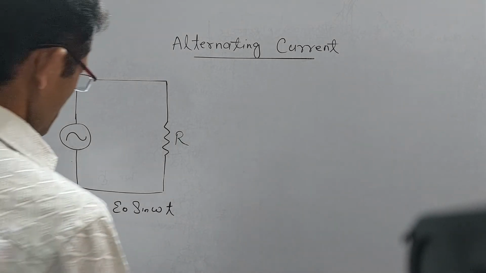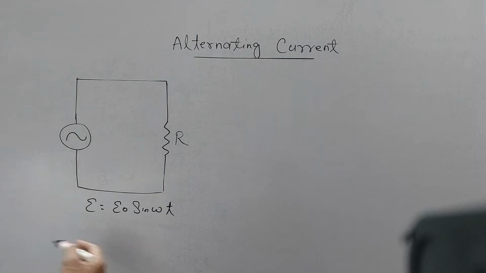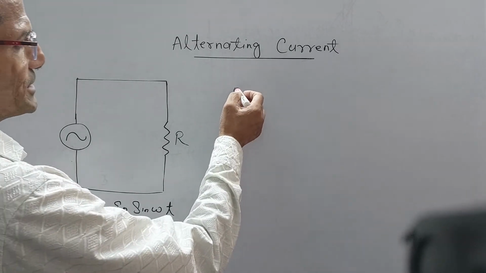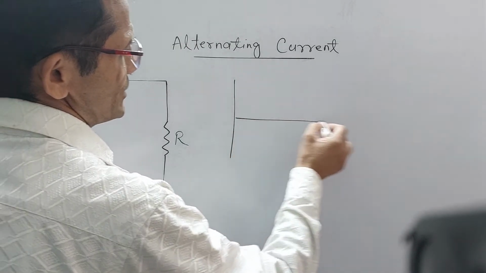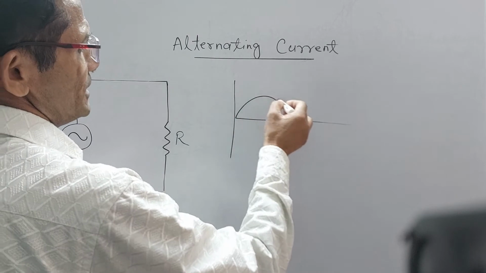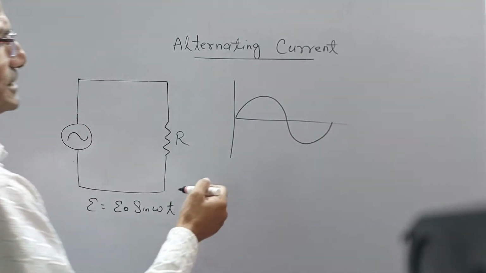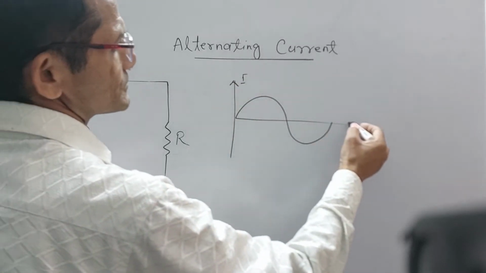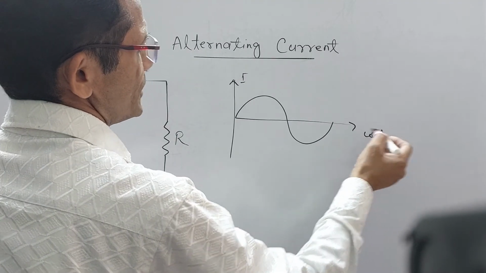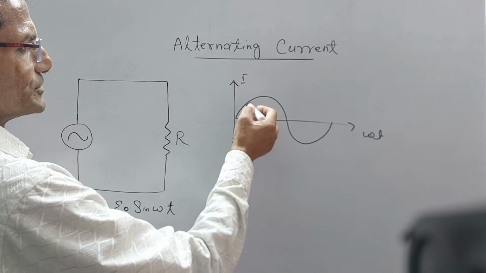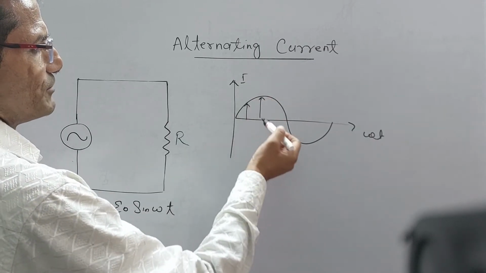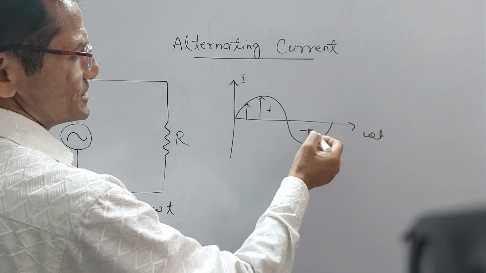Let us suppose our source voltage is E equal to E naught sine omega t. This is alternating current and it is a sine omega t sinusoidal function. We know that in sinusoidal functions it varies in magnitude and in direction also. It has different magnitudes, like this height is known as the magnitude, and this is the positive direction and this is the negative direction.